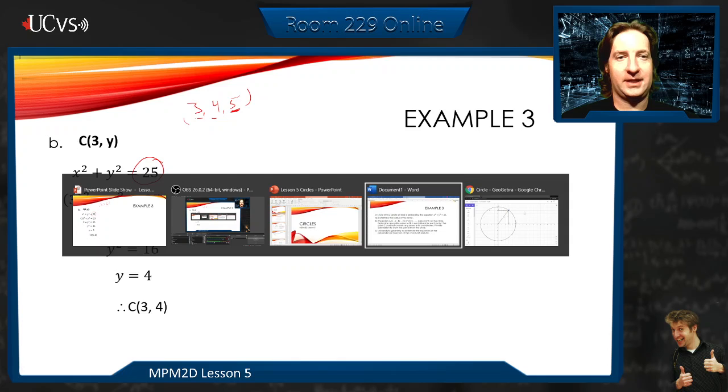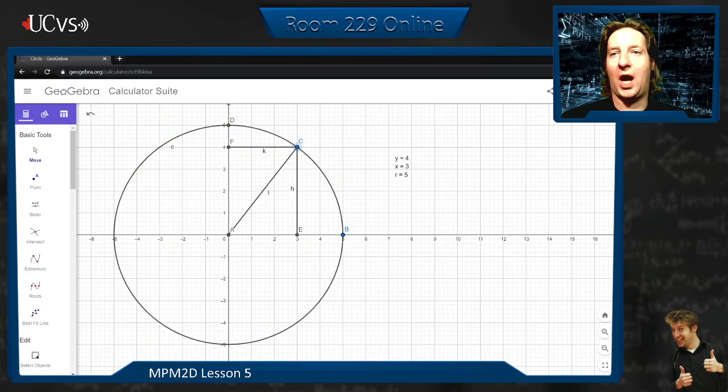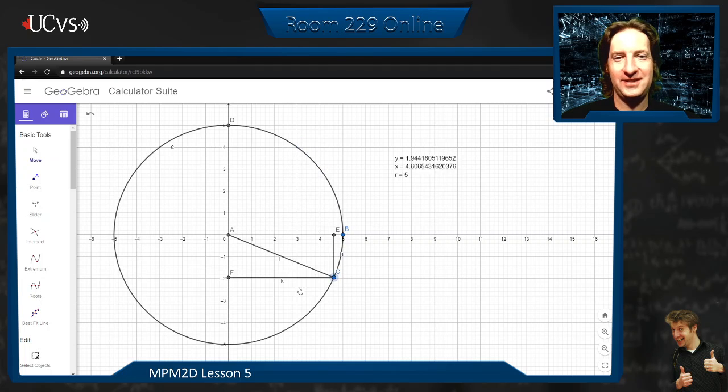Let's go quickly to GeoGebra. This is a circle with radius 5. Right, and you can see if I move this radial arm anywhere, doesn't matter where I go, I'm going to get the x and y coordinates of this point C here. But it doesn't matter where I go, the radius is always going to be 5. Right?